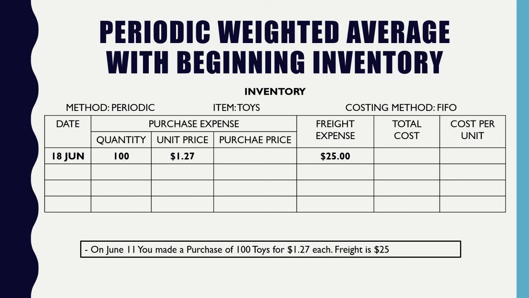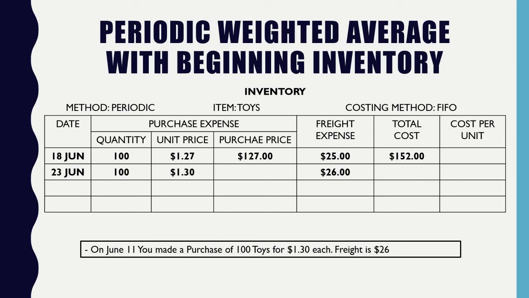And our net purchases is going to be everything that we purchase. So in this case, we're going to plug it in, because on June 11th, we purchased another 100 toys at $1.27 with a freight of 25. So again, you're just going to solve as usual. You're going to get 127 plus 25, which gives you 152, okay?